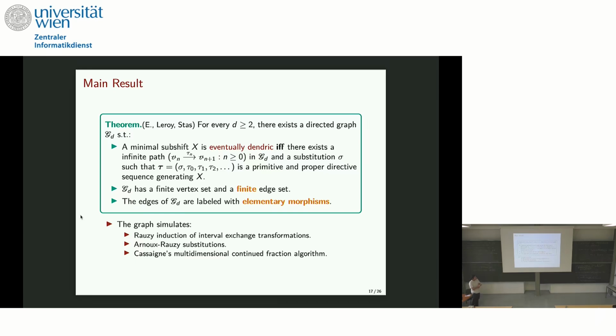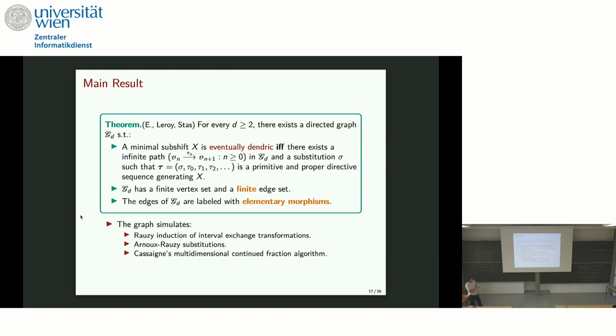For instance, this graph simulates other inductions and renormalization processes. To be more precise, in this graph we can find a subgraph which corresponds exactly to the Rauzy classes that describe Rauzy induction for interval exchange transformations. This also uses elementary morphisms. We also see that Arnoux-Rauzy substitutions are determined by loops in the graph.